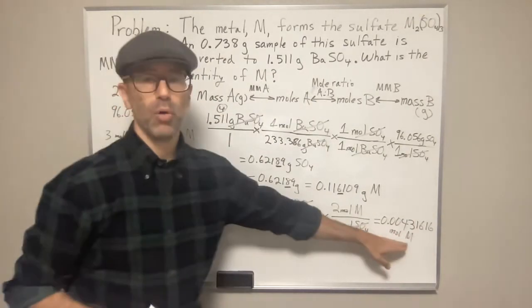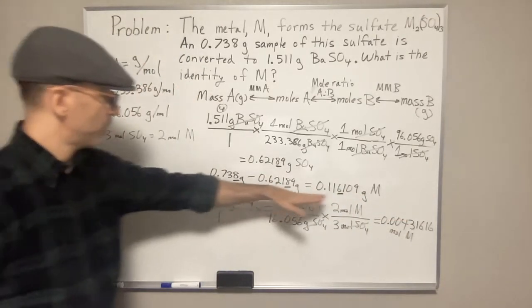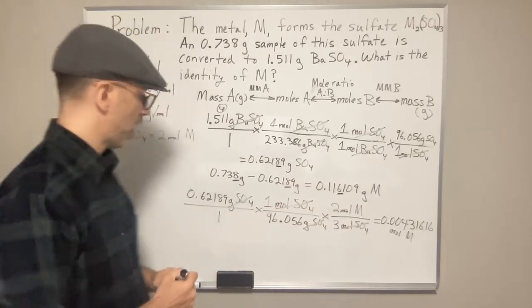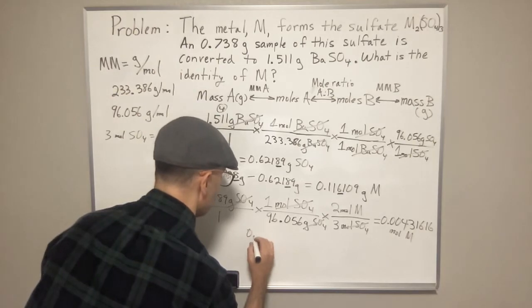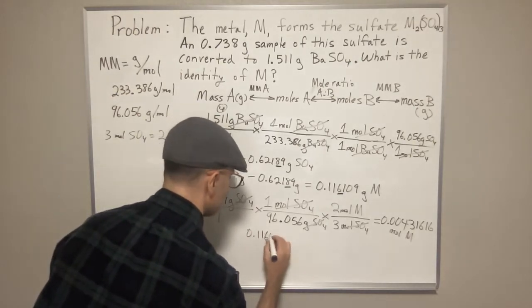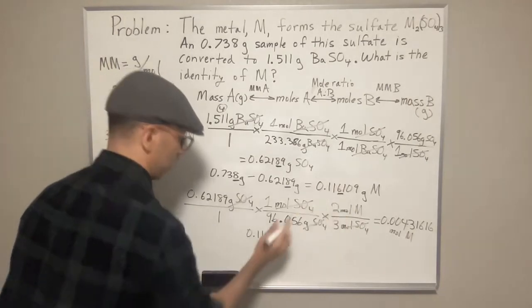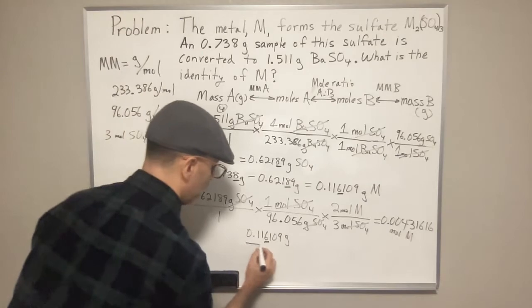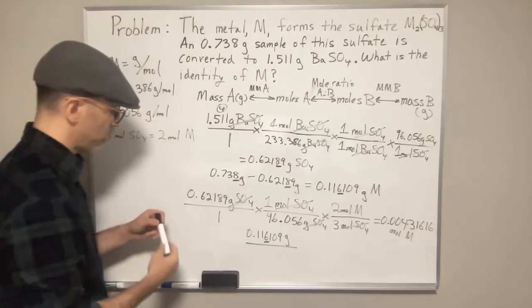So now that I have moles of the metal, I have my grams of the metal. So now all I need to do is divide grams by moles. So I take the grams, 0.116109 grams. And notice I have a line there, so that means that the 6 is my last significant figure for that measure. Divide that by the moles. What are the sig figs for the moles here?